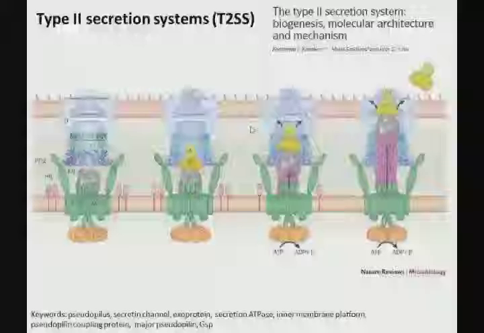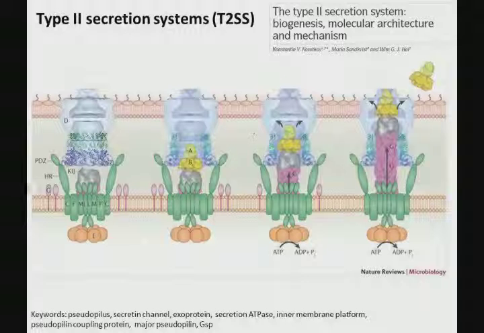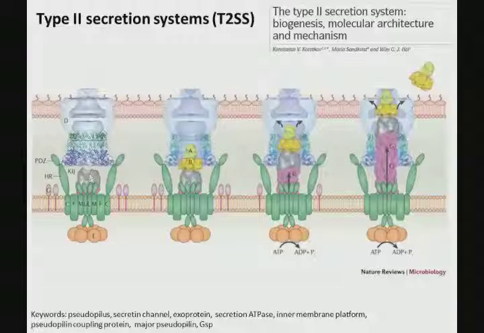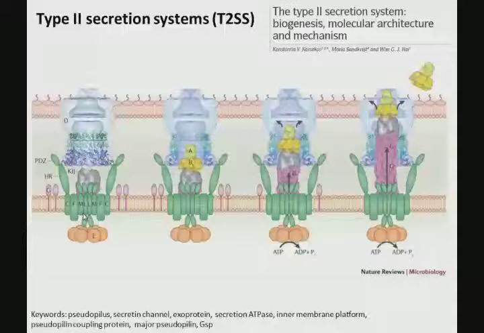They have an inner membrane component, and then they have a pseudopilus which can emerge from the inner membrane component and dock with the outer membrane component here, and integrate subunits of GspG here, the pink one.